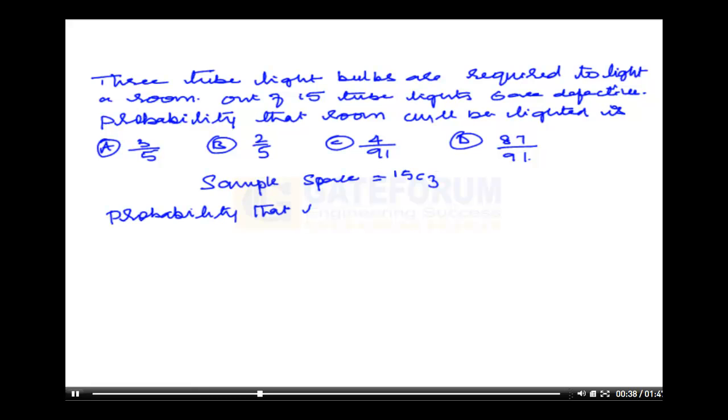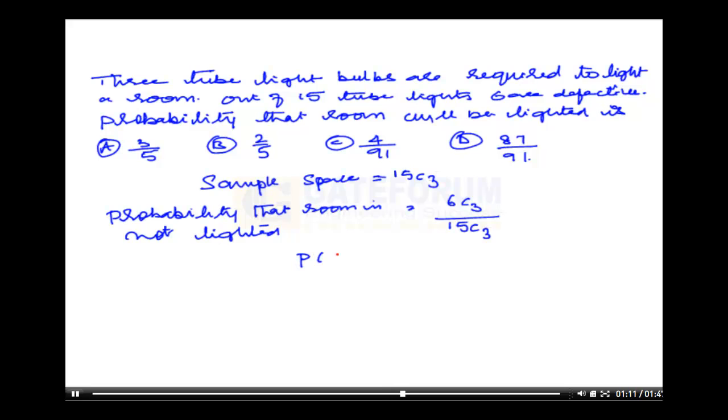that the room is not lighted, which should be 6C3. That means if you take any 3 out of 6 defective lights, the room is not lighted, divided by the total number of outcomes, that is 15C3. So the above probability will give you that the room is not lighted.